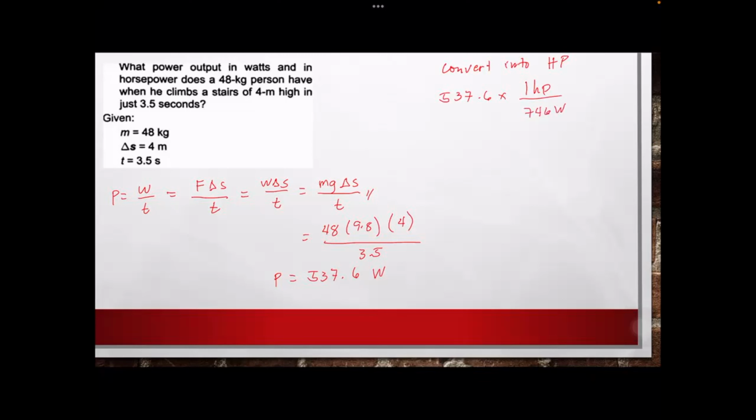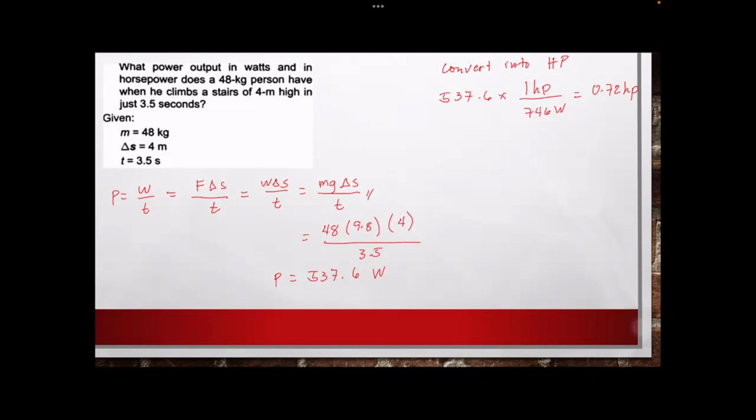So, therefore, magkakaroon tayo ng 0.72 HP as the horsepower. Kung hindi naman tanong sa horsepower, hindi na kailangan i-convert. Baka makasalubong nyo lang kasi ang horsepower.